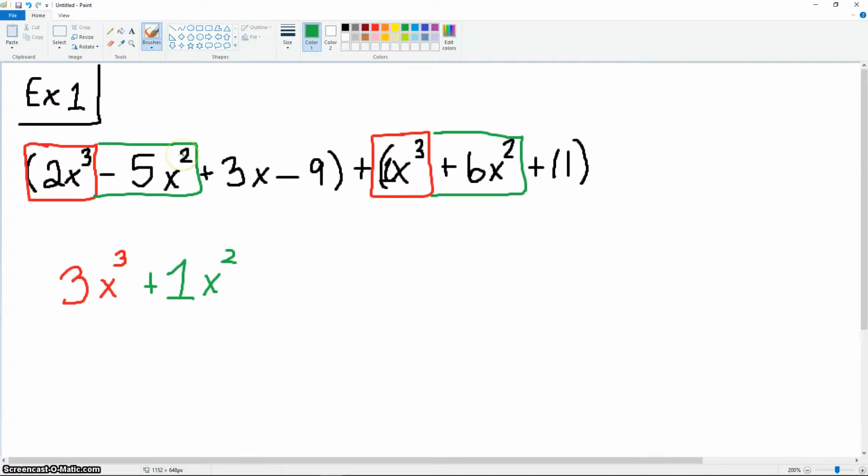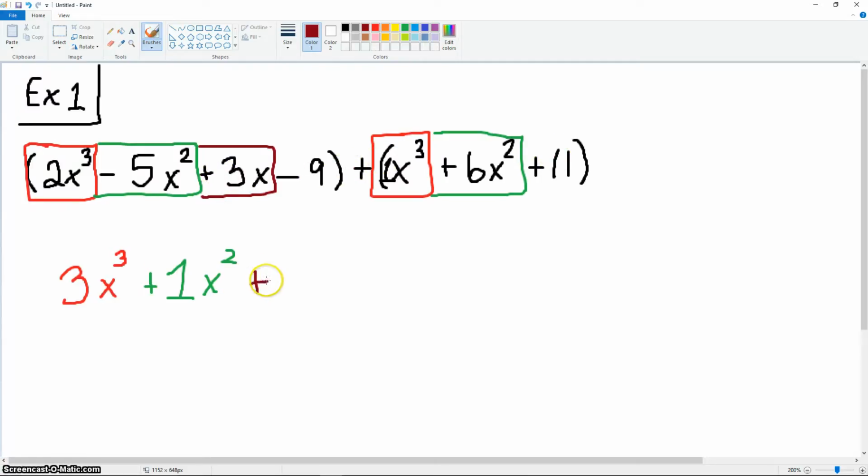Then after the second power, we go to the first power, which it looks like it's right here. We have this. And if we go over to this polynomial, there isn't one. So we just rewrite it. It's like saying 3x plus 0. And anything plus 0 is itself.